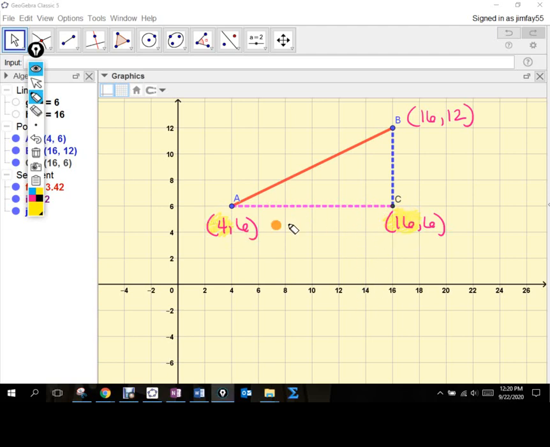Okay? If I add those together, what do you get? 20. Divide by 2, you get 10. Sorry, you're right. So 10, if I plot 10 right there, does that look like it is the midpoint of that purple segment? Okay.